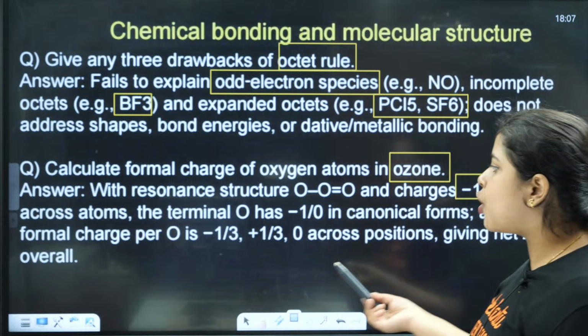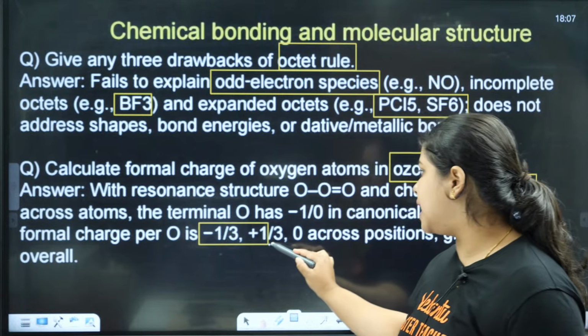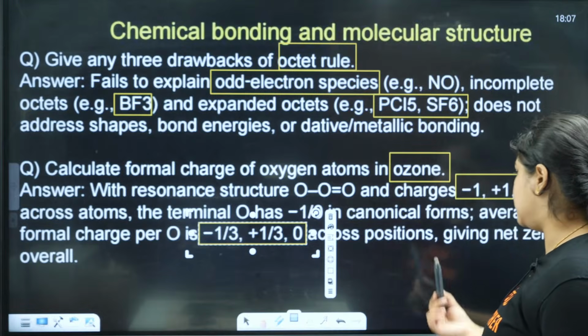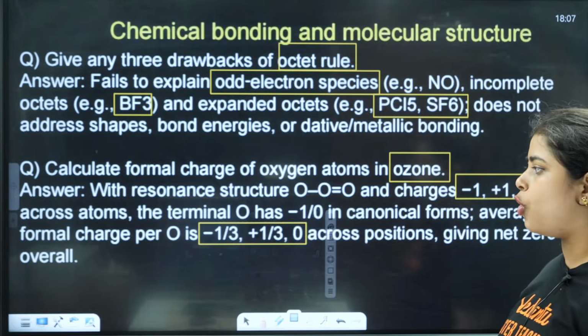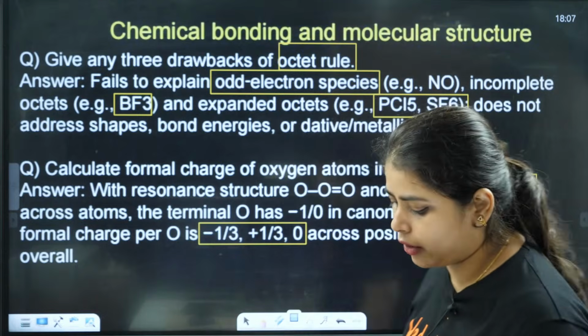The average formal charge per oxygen is how much? -1/3, +1/3 and 0 across the atoms, giving a net 0 overall.